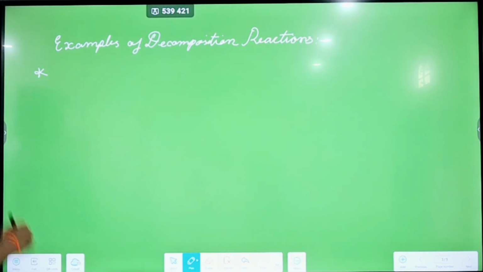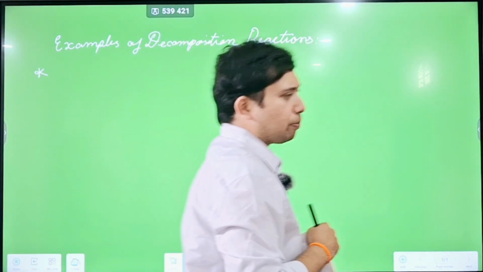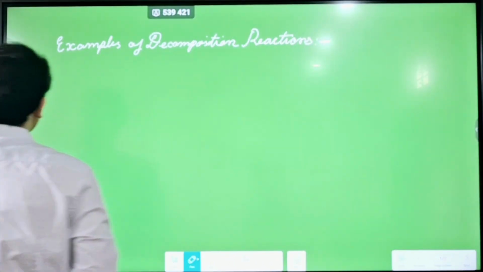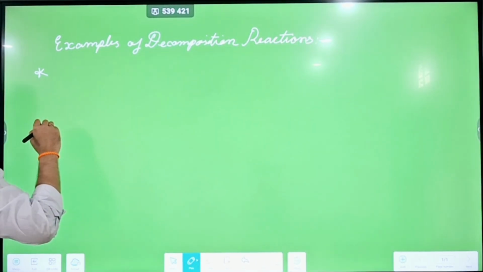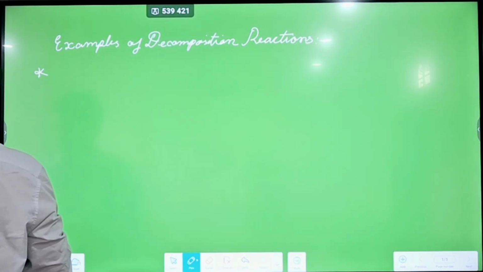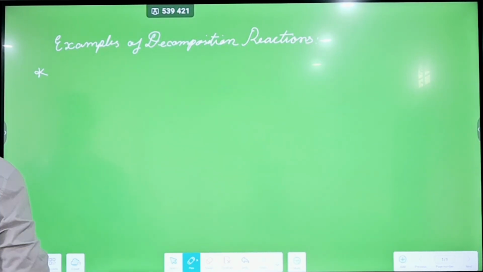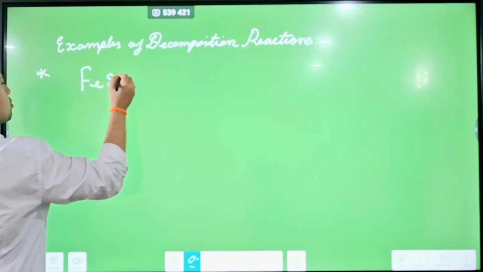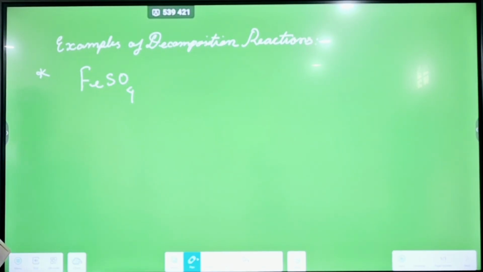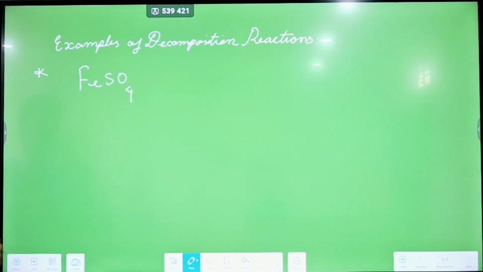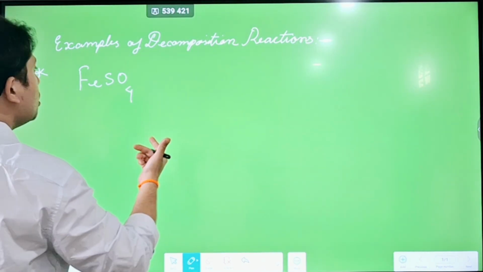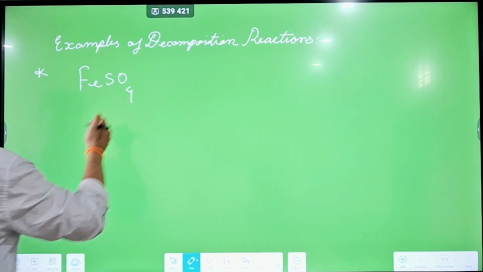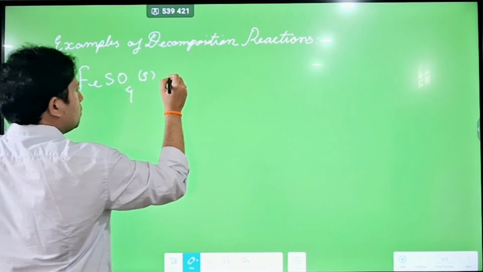Okay, examples of decomposition reaction. We have the definition. Now for examples, first of all, let us take ferrous sulfate, FeSO4. Please pay careful attention to what I show you about FeSO4.